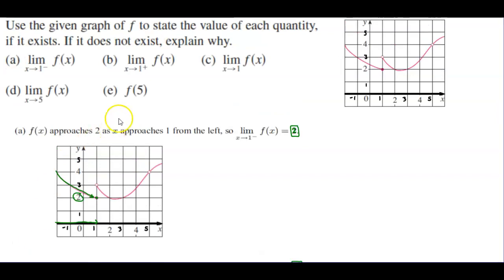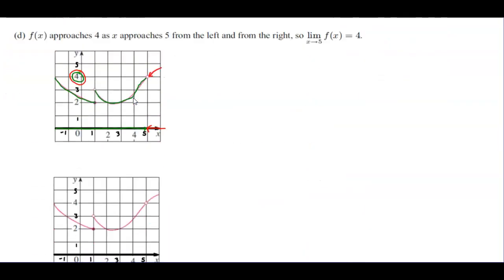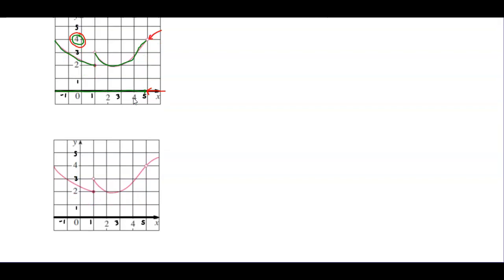Okay, the next question is the last question. It says f of 5. So what is f of 5? That means we need to know what is the output when x is 5.